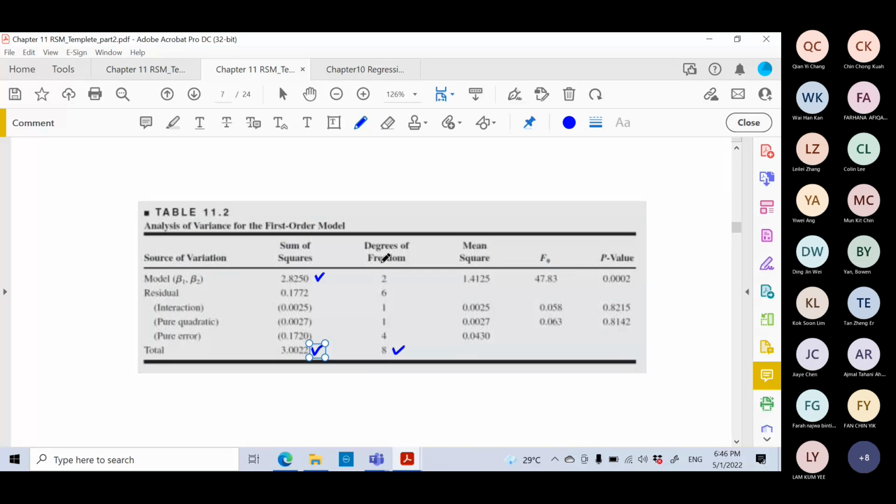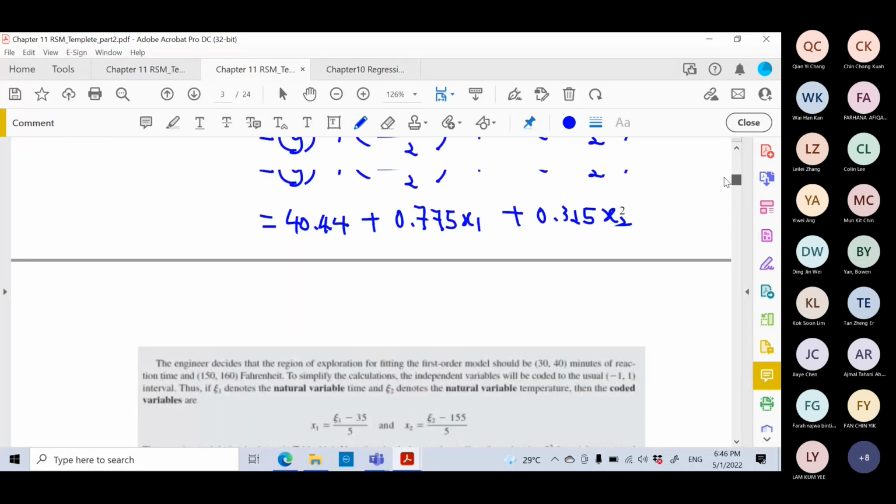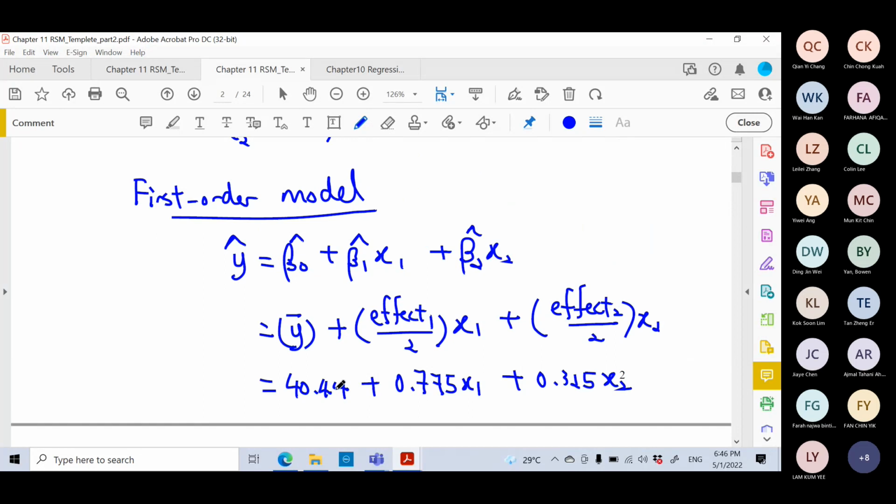So now we have a model. The model was given here, with the beta naught. Then we move towards the direction.